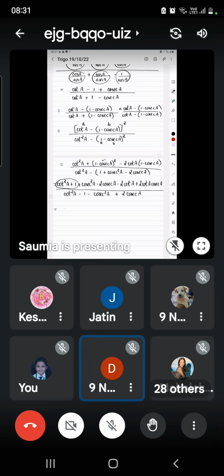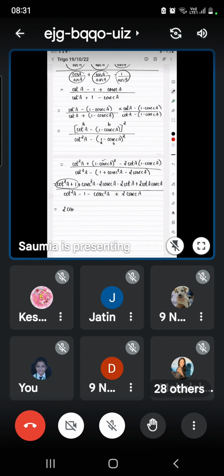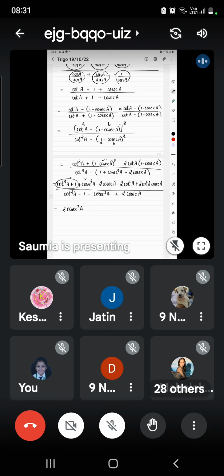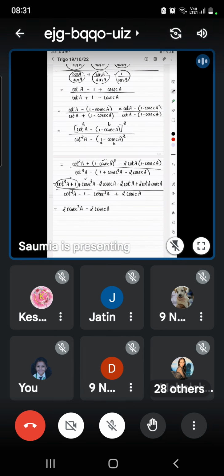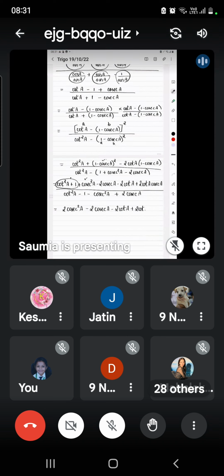So I will get 2 cosec square A, because this is 1 cosec square and this is 1 cosec square. So I'll get 2 cosec square A, correct? Yes, ma'am. And the remaining I'm writing as it is. Is there anything that I can cancel? I don't think so. So I write it as it is.